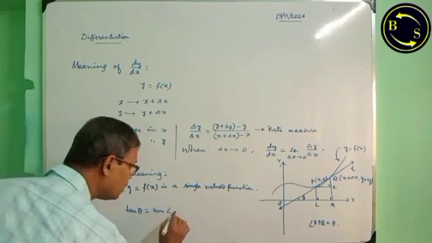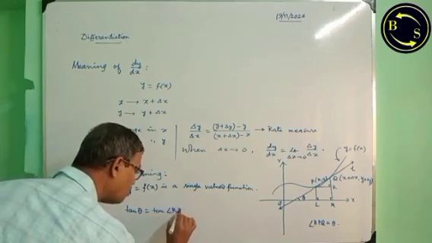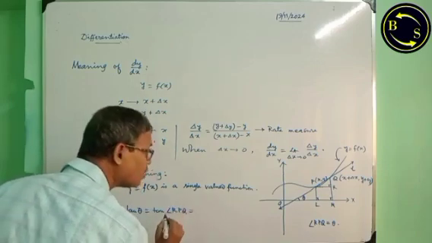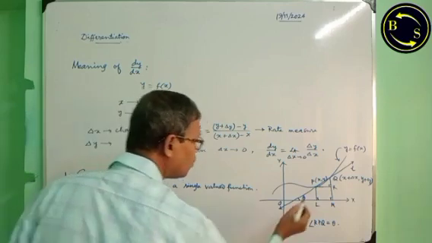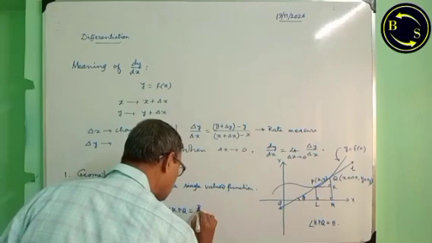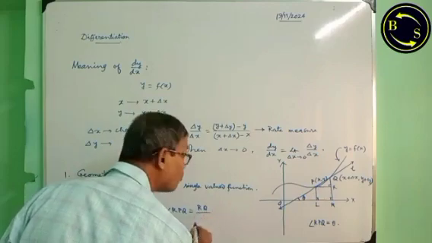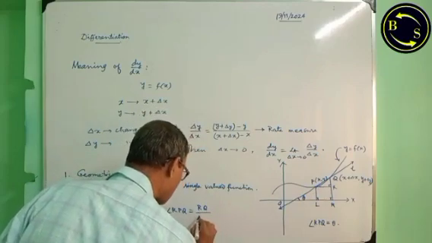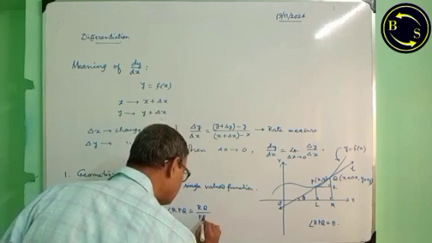Therefore tan theta will be tan of angle RPQ, that is equal to, with respect to this angle, tangent, that means RQ by PR.